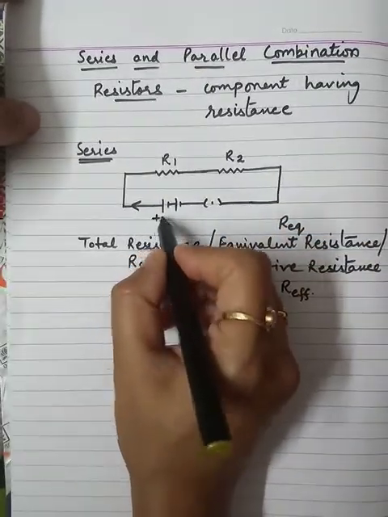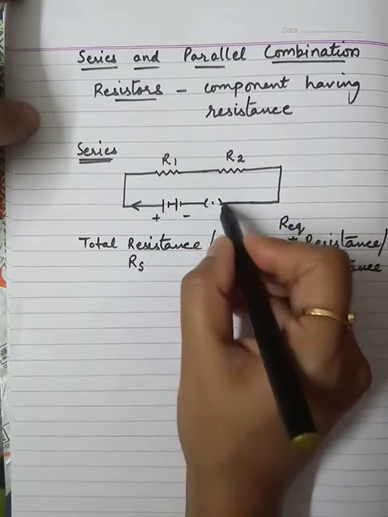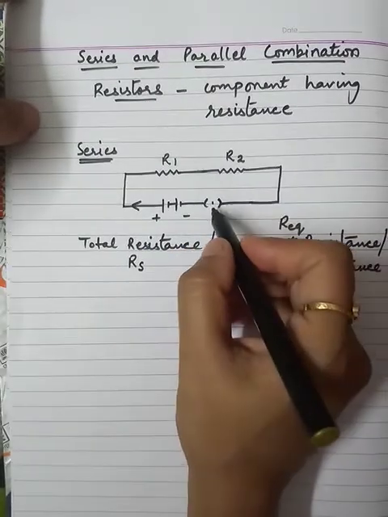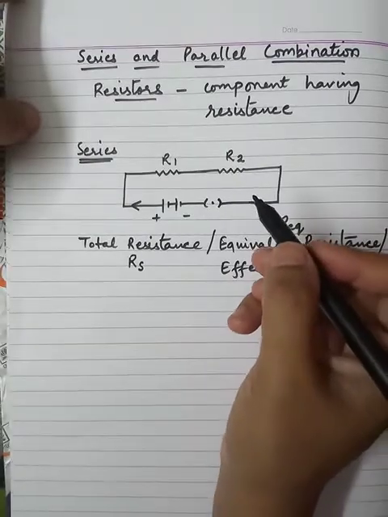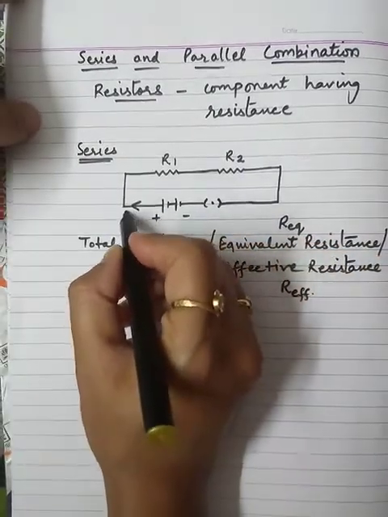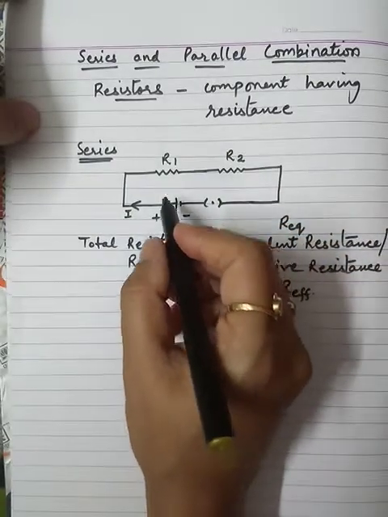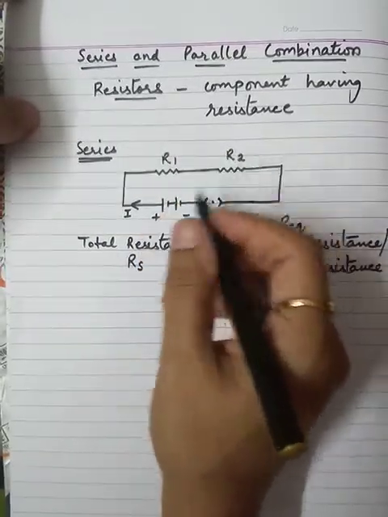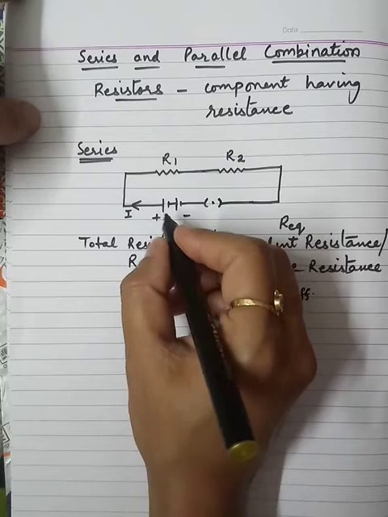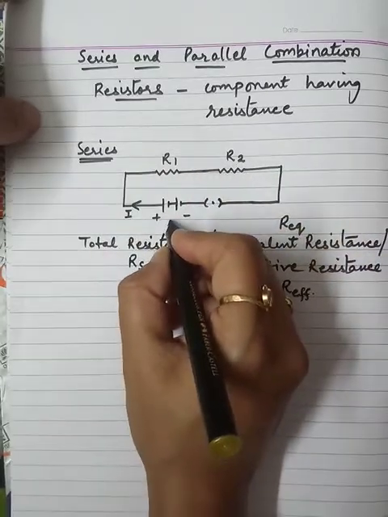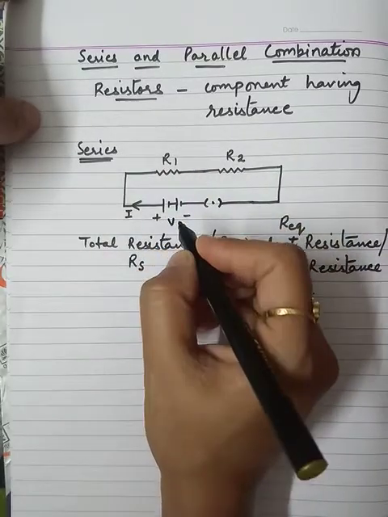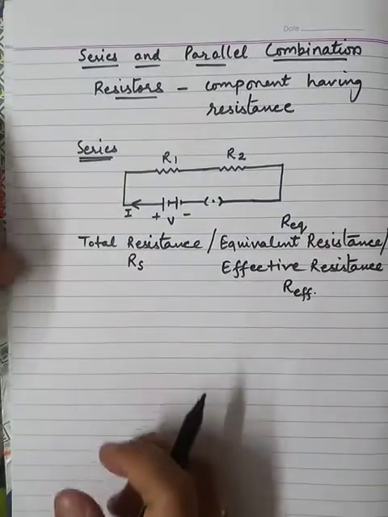This is the positive terminal of the battery, this is negative terminal of the battery, this is a closed key, right? Current direction I, total current is in this direction, and what is the potential applied to these two resistors? It is V, potential difference V is applied, right?